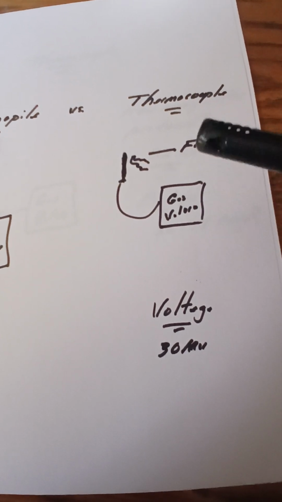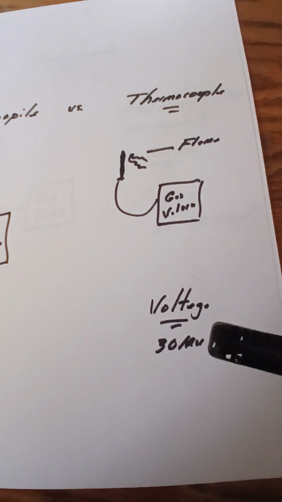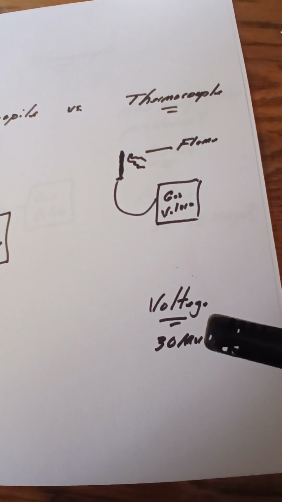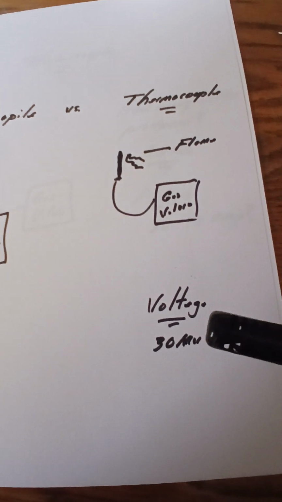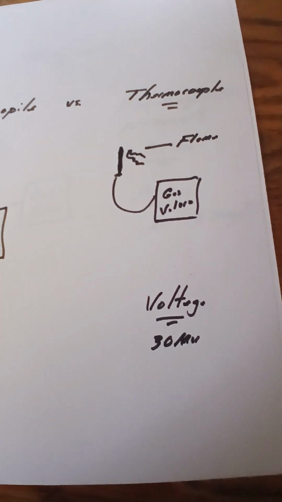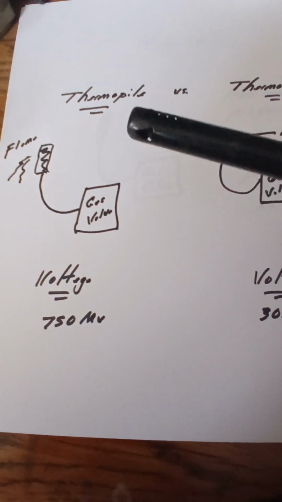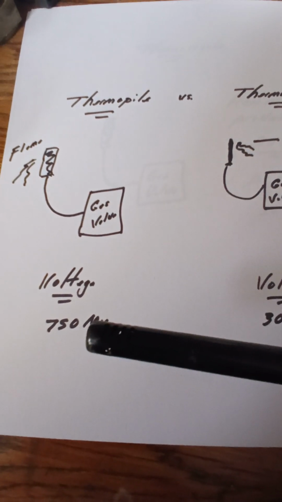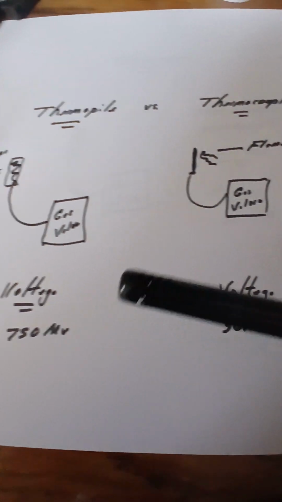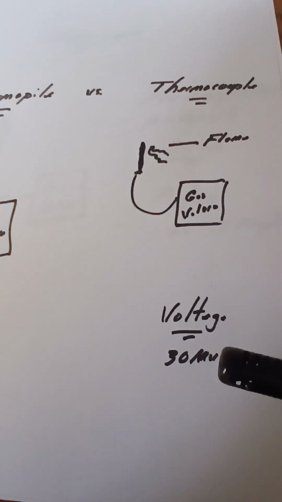So what voltage does a thermocouple produce? A thermocouple produces around the range, for some of these gas logs and just residential use, maybe about 30 millivolts. So we look: thermopile, 750 millivolts; thermocouple, 30 millivolts.